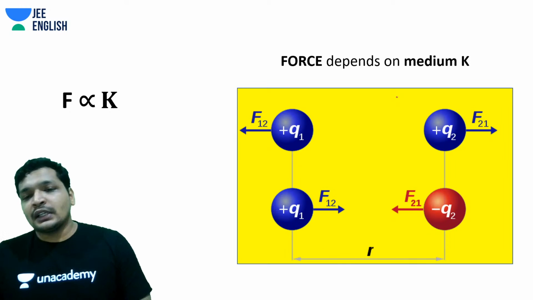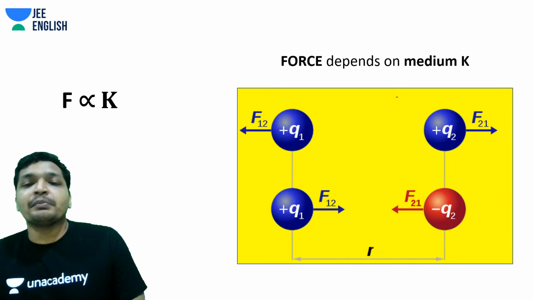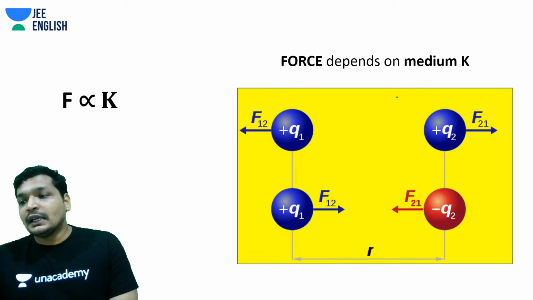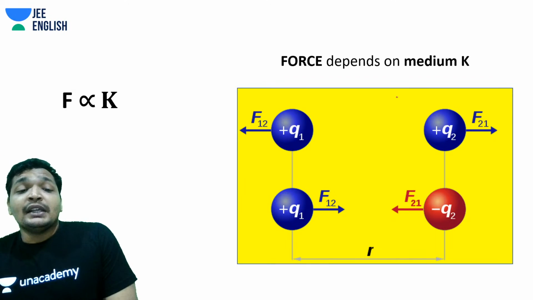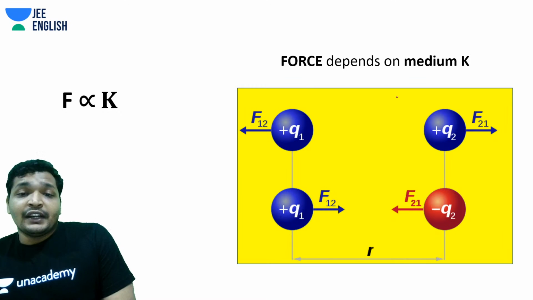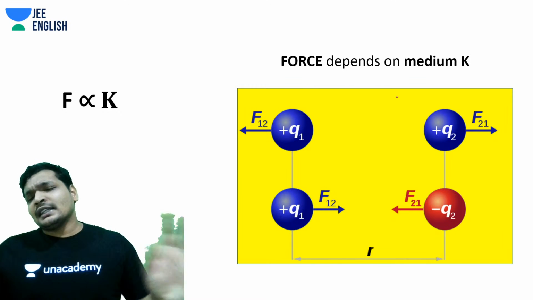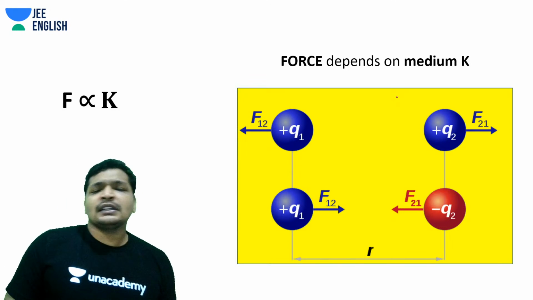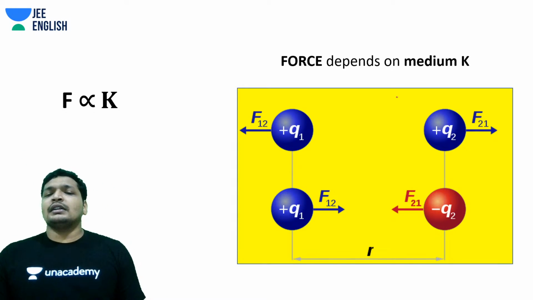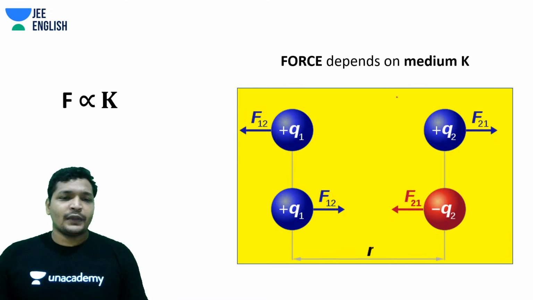Now, another important thing is force is also dependent upon medium. What does this mean? It means that if it's a heavy dielectric medium, the fields are weaker and the force is also less, right?